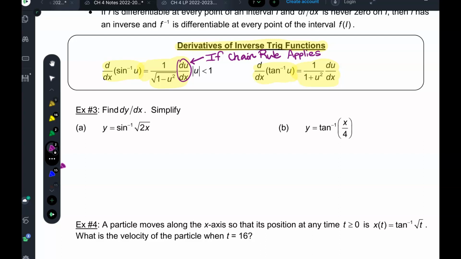Oh wait, no, because then I'd get an imaginary number. Here there's no restriction for u. We never work with imaginary numbers in calculus. It's all real numbers.